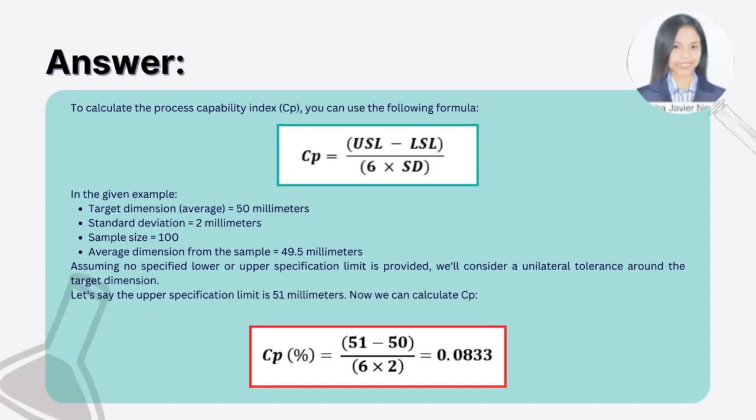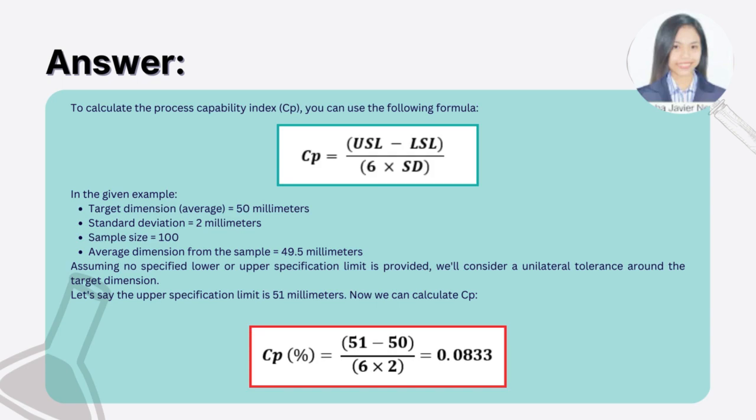To calculate the process capability index, or Cp, we can use the formula Cp equals USL minus LSL all over 6 multiplied by the standard deviation. The givens are 50 millimeters for the target dimension, 2 millimeters for the standard deviation, 100 for the sample size, and 49.5 millimeters for the average dimension from the sample.